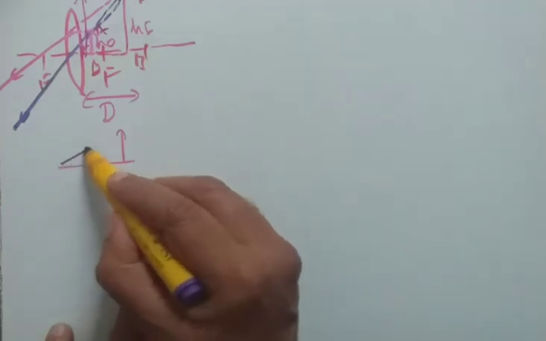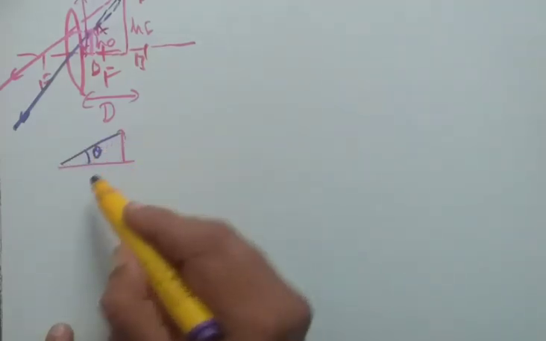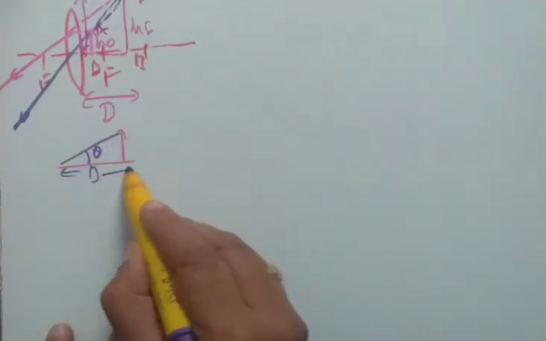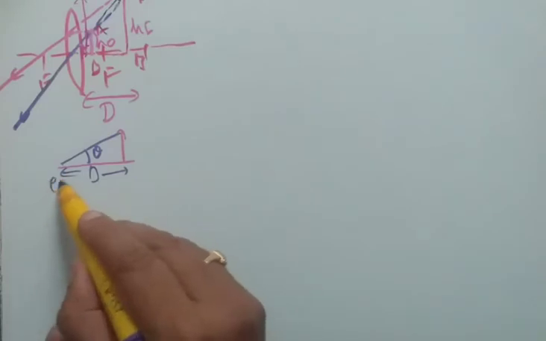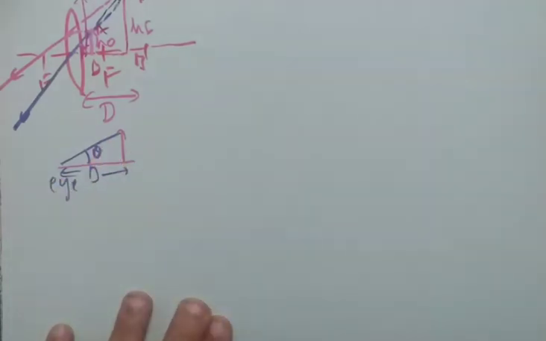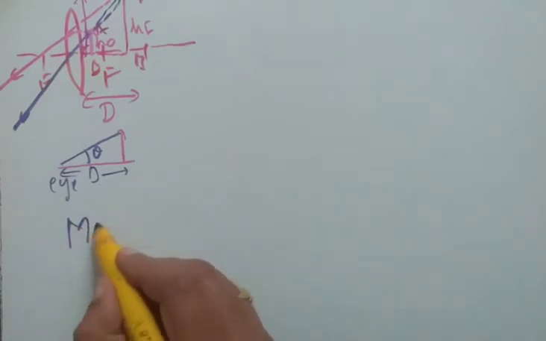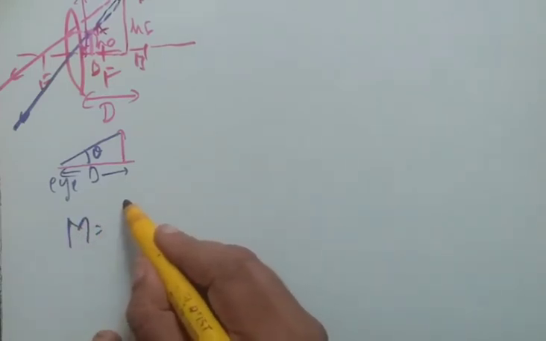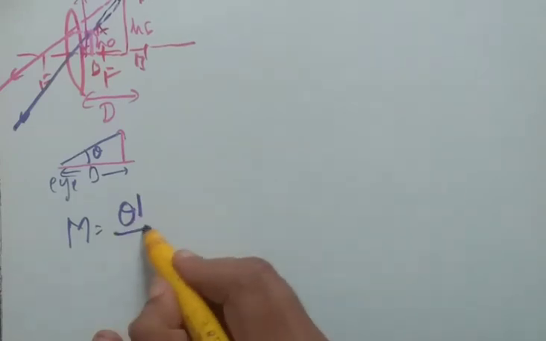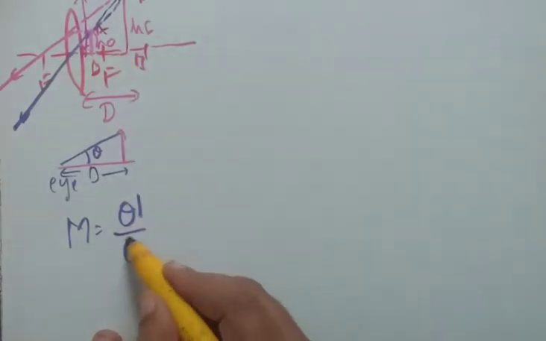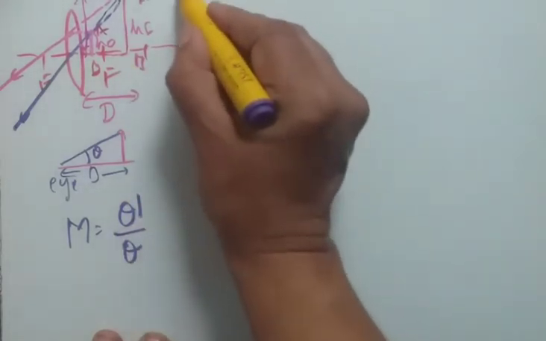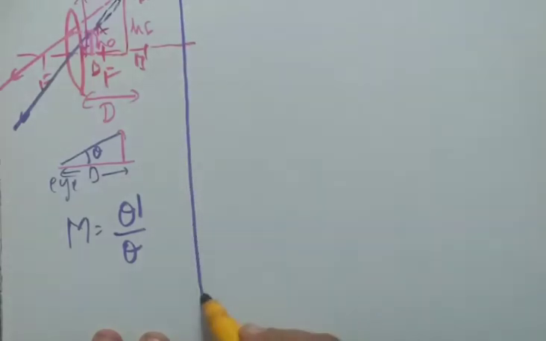It subtends an angle theta when it is at the least distance of distinct vision from our eye. So by using these, we write the expression for magnifying power, that is the angular size of the object with optical instrument, theta dash, divided by theta, the angular size of the object without optical instruments.